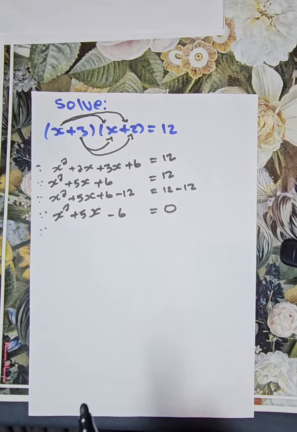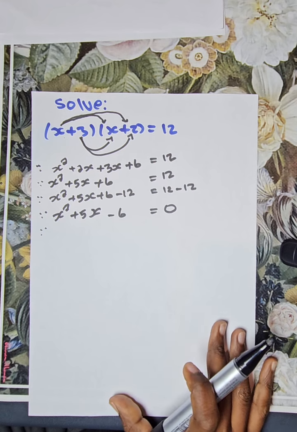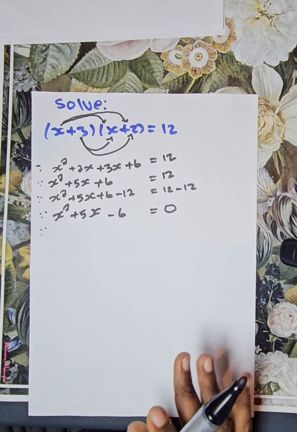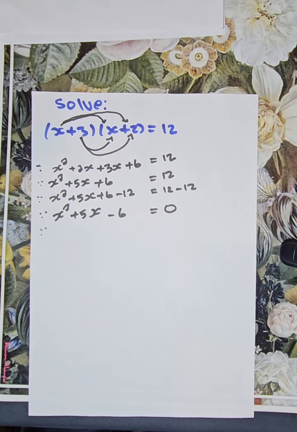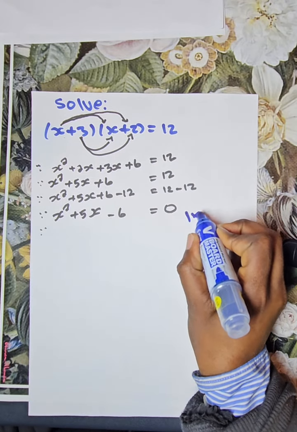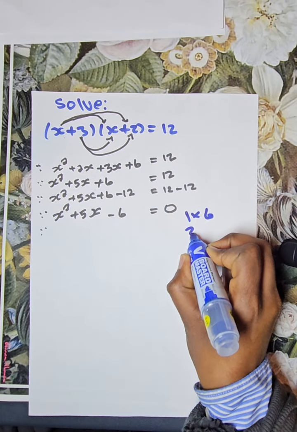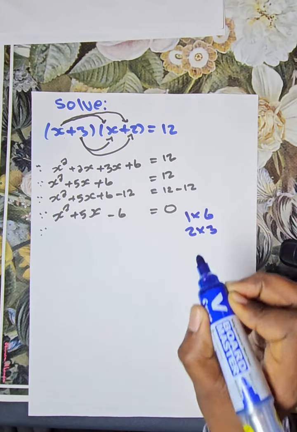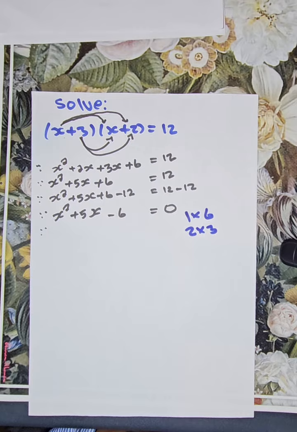Now, let's check our constant term, which is minus 6. Now, we have to find factor pairs of 6. Well, factor pairs of 6 are 1 times 6, also 2 times 3 if we use only natural numbers.